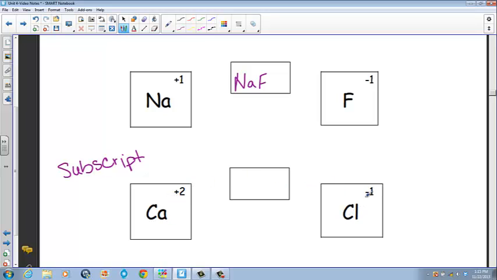In order for these numbers to add up to 0, we're going to need 2 chlorines to give us a -2. So when we give the chlorine a subscript here, that tells us we have 2 chlorine atoms bonded with 1 calcium atom to become a neutral compound and form calcium chloride, CaCl2.